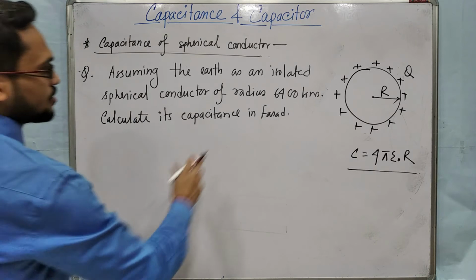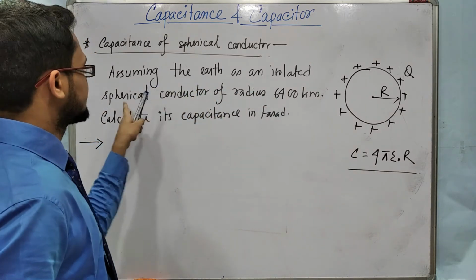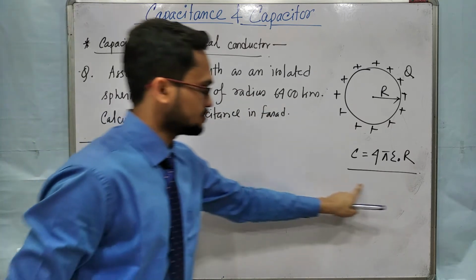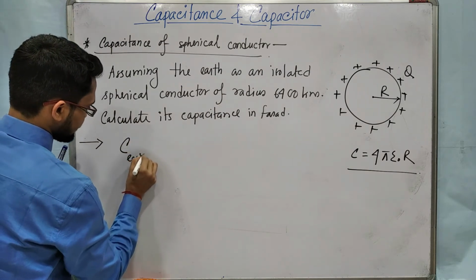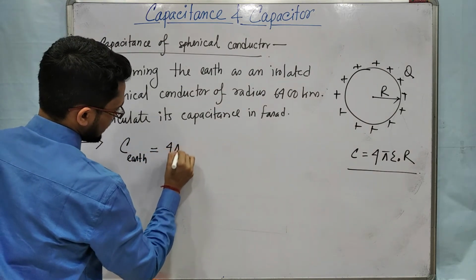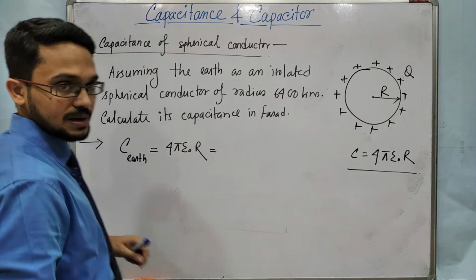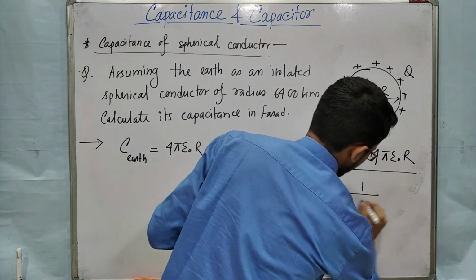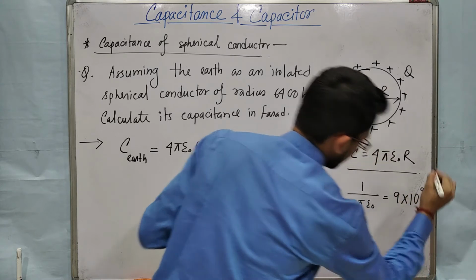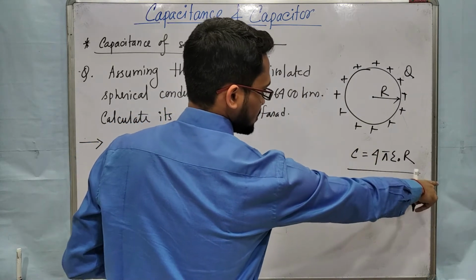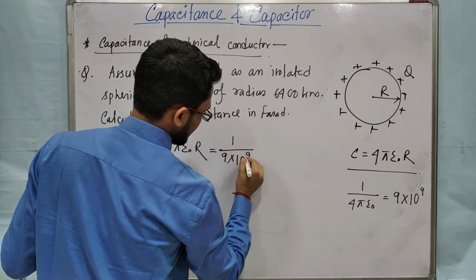How will you calculate? Here the radius is given and it is a spherical conductor, so it is just an application of this formula. C of earth is 4 pi epsilon 0 r. We know that 1 by 4 pi epsilon 0 equals 9 into 10 to the power 9, so 4 pi epsilon 0 is 1 by 9 into 10 to the power 9.